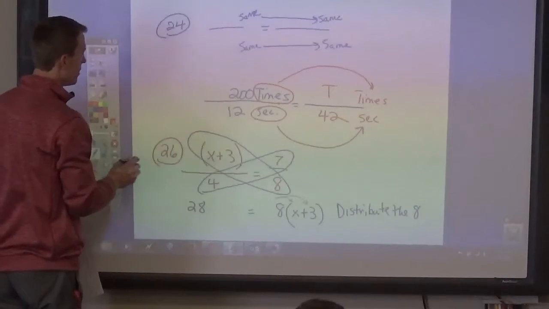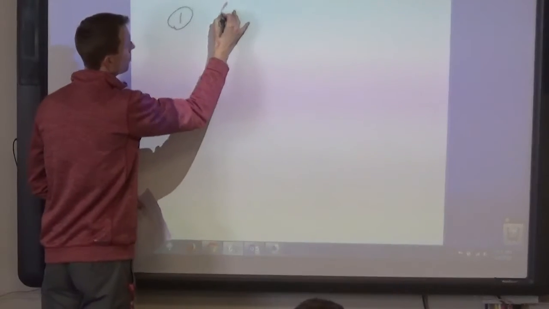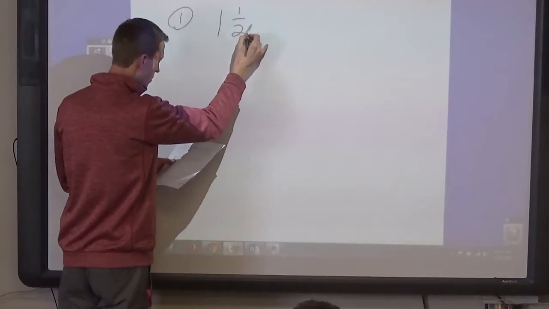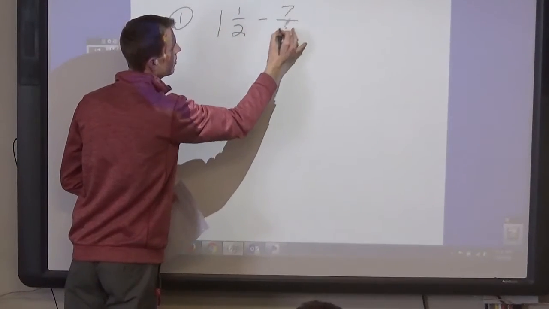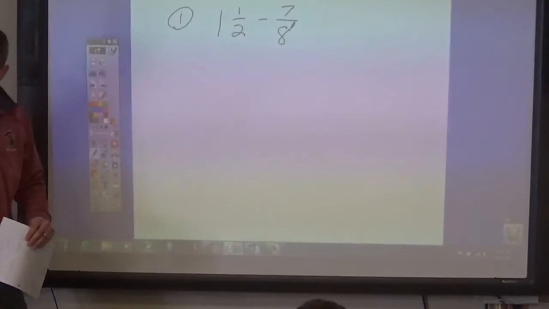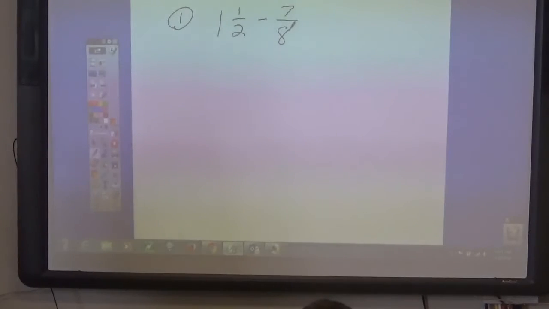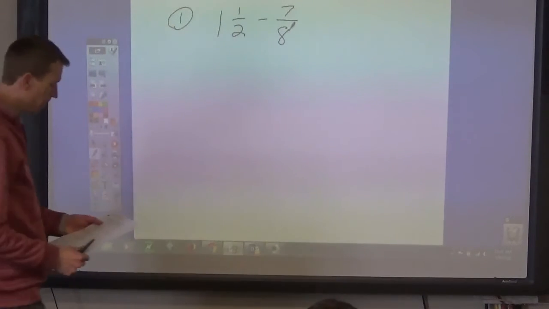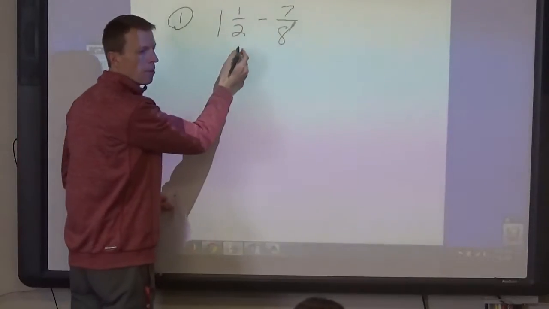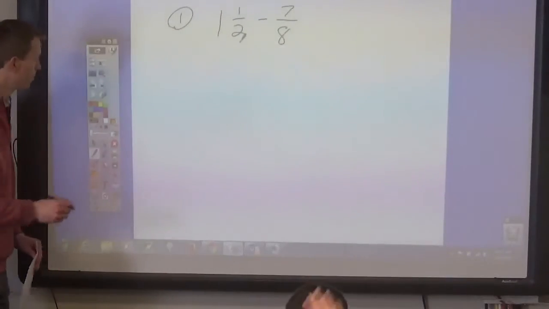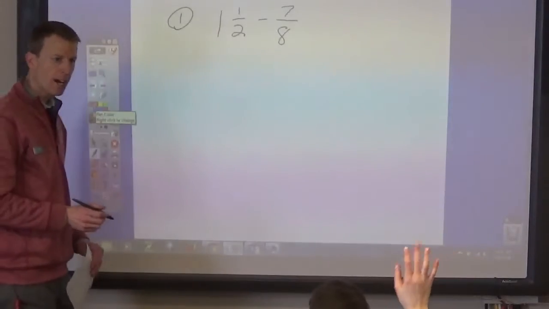So let's go through the assignment. Number 1. 1/2 minus 7/8. Follow along here in pen. What's the common multiple we're going to convert this to? Jack? 8.